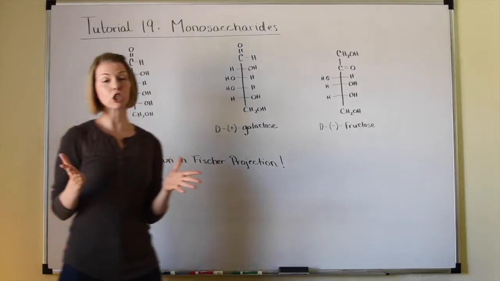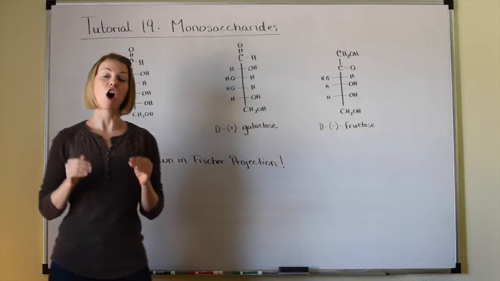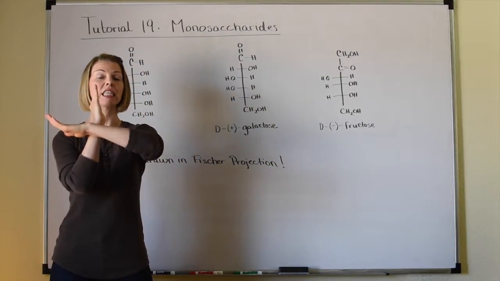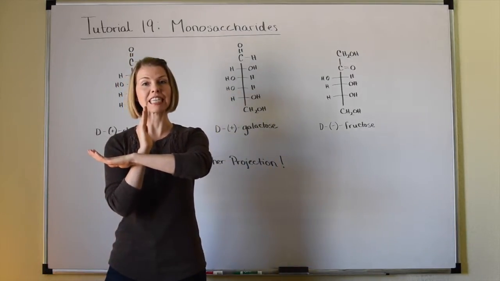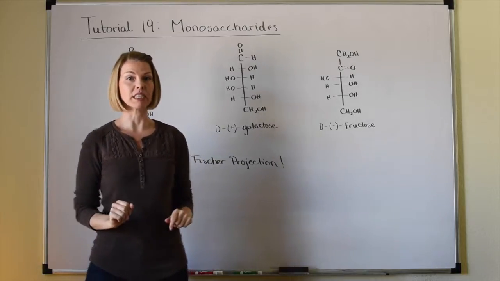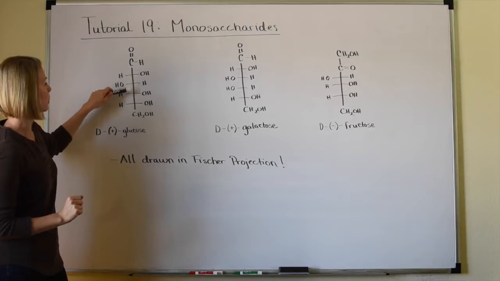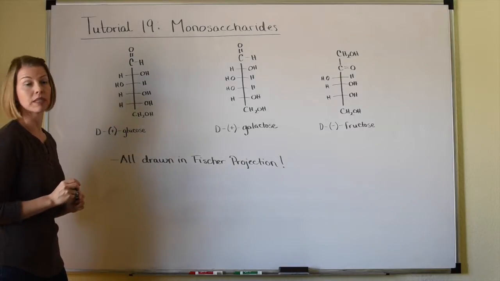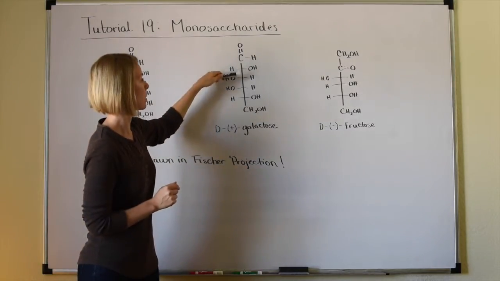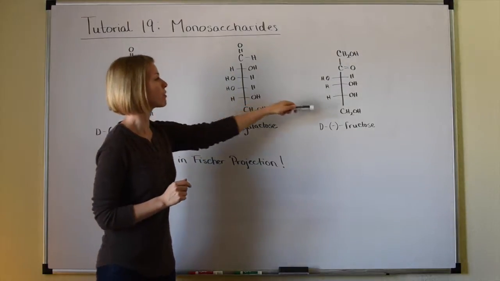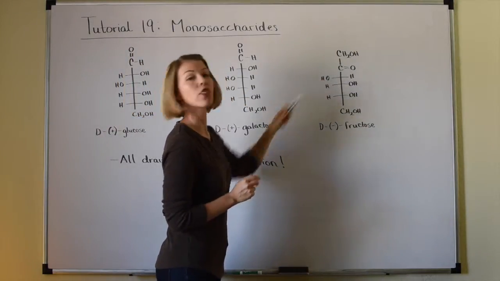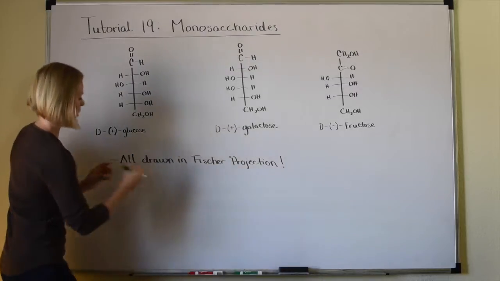Okay, so in a Fischer projection, remember that all of the intersecting lines are representing a chiral carbon. So glucose has 1, 2, 3, 4 chiral carbons, as does galactose, 1, 2, 3, 4, and fructose has 1, 2, 3.